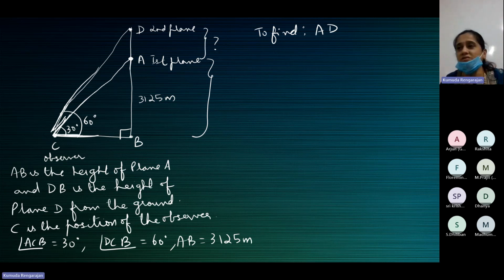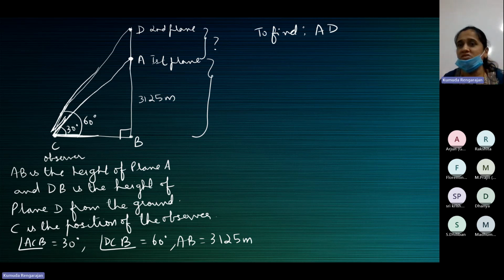Now, which triangle to start first? Whichever triangle you have two pieces of information for, start with that. Anyways, you can get the answer, that's a different thing. But if you want to do it correctly, look at the information and choose that triangle first which has two pieces of information.